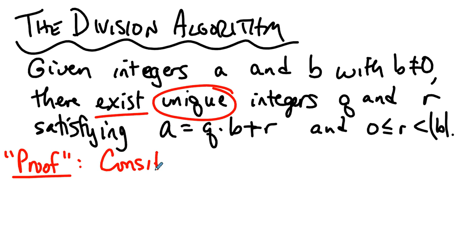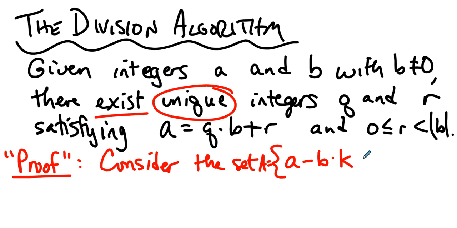We consider the set of all numbers, let's call this set A. It's the set of all numbers of the form a minus b times k, where k is an integer. We take a look at a, and then we just keep subtracting multiples of b from a.